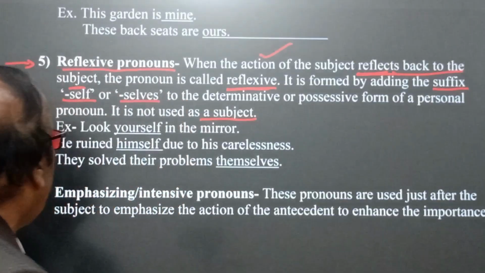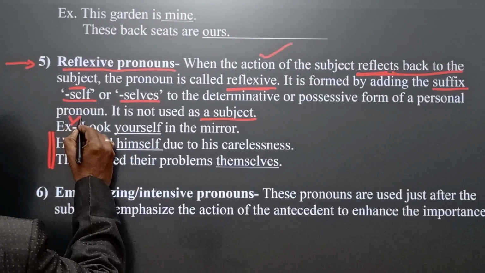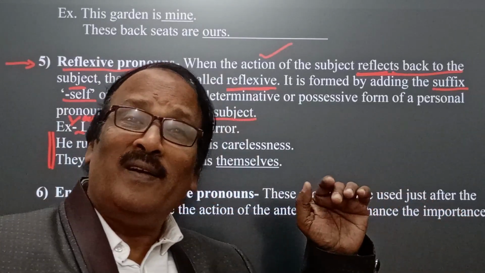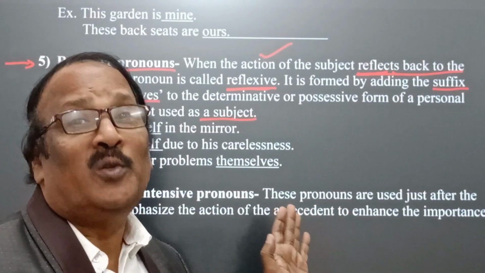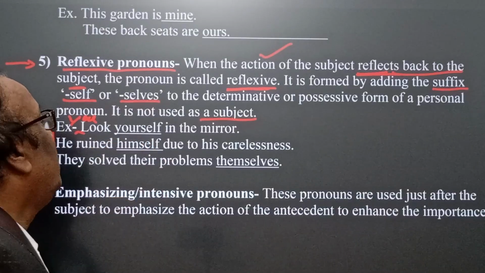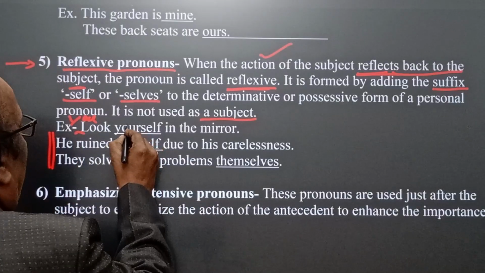Here the subject is you. The subject you is omitted. We understand, but we don't mention. Here after the verb look, the main verb, yourself has been used to reflect back to the subject, you.